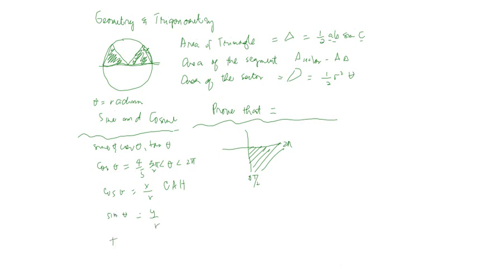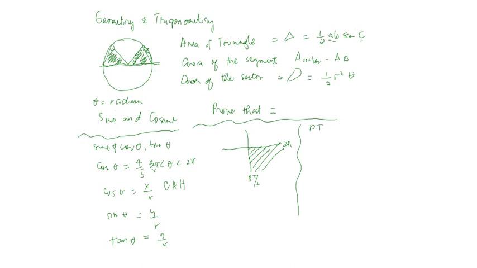And tangent is equal to the slope, change in y over change in x, so y over x. What we can do here, especially in paper 1, is find the value of y using the Pythagorean theorem.